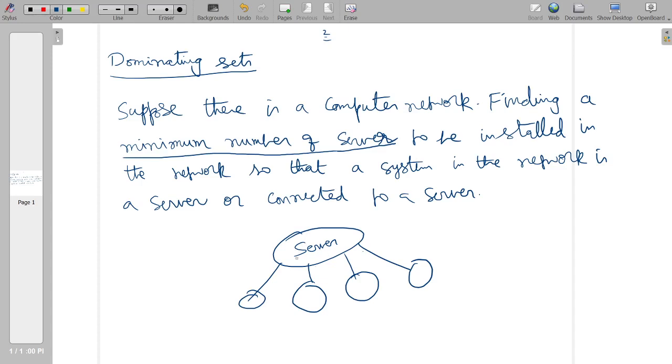So that is the concept of the dominating set. Now at present you have various dominating parameters. More than 1000 domination parameters are available in the literature, and that depends upon the application on which these dominating sets are applied.